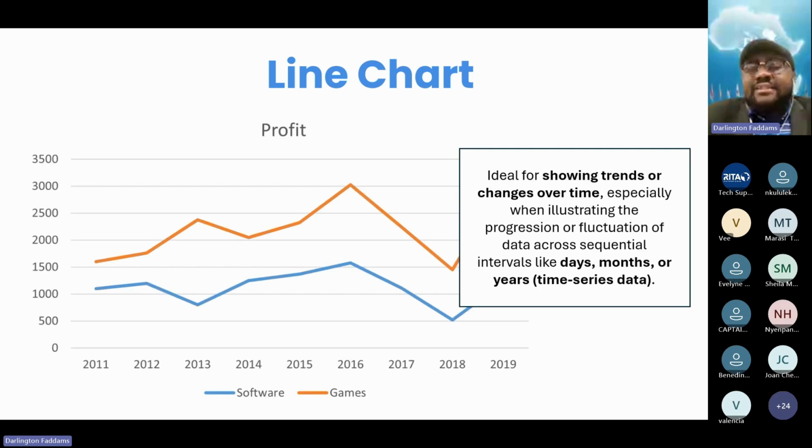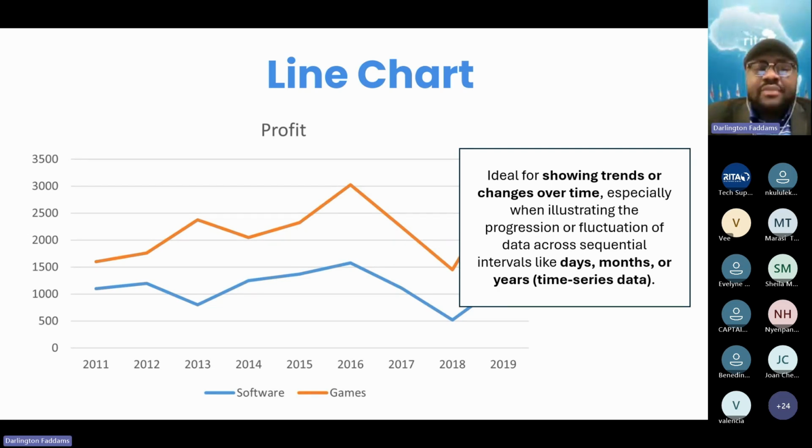Now, it is ideal for showing trends or changes over time. So most of the time when you want to use a line chart, it is because you are showing changes of a particular item over time. So we are talking about software in 2011, the same software in 2012, in 2013, 2014, 2015, 2016. Now, all these are points, but they are points that have been joined by lines.